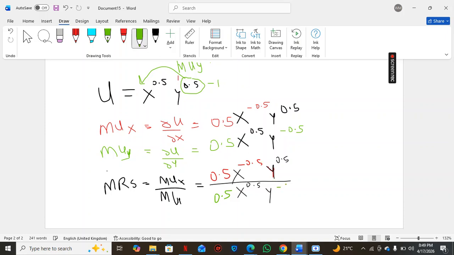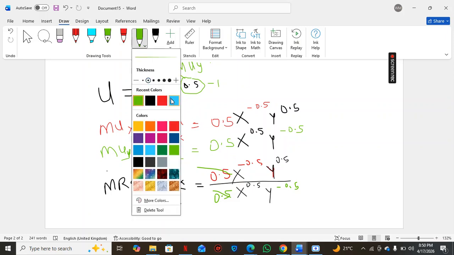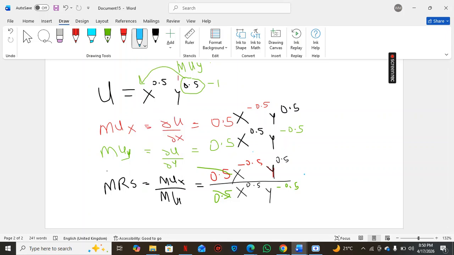So we need to simplify this expression, colleagues, all right? The 0.5s cancel each other out. Then remember, for mathematical analysis, indices, when you're dividing same bases, you subtract the exponents. So for x, we are subtracting this negative 0.5 minus this 0.5.